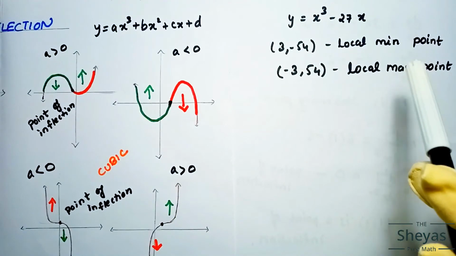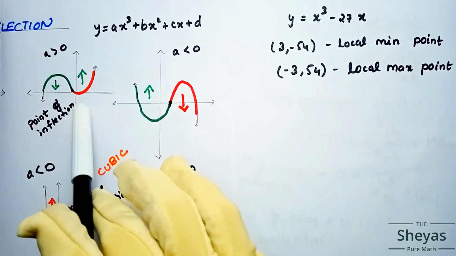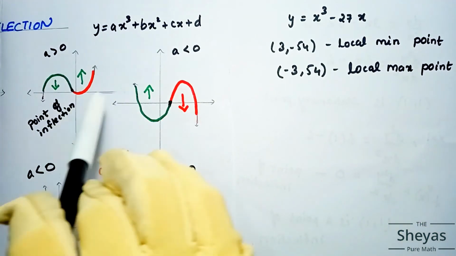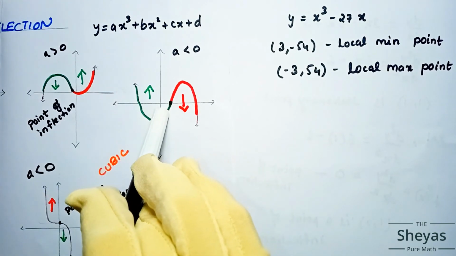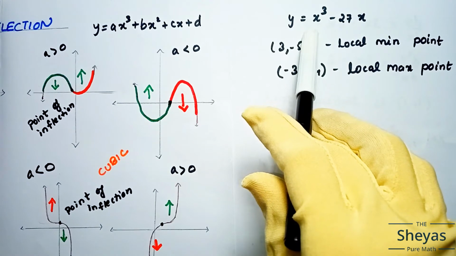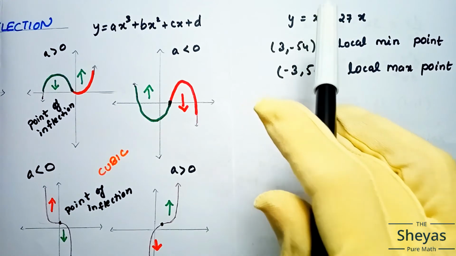Since it has both, we have to choose any one of these. This won't come. So when we are choosing this, we know that a is greater than 0, that is a is 1 here and it is greater than 0.